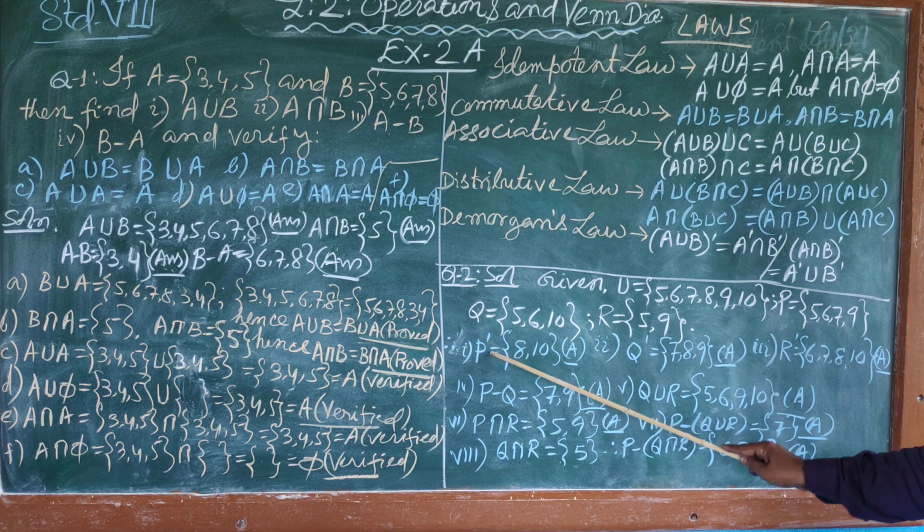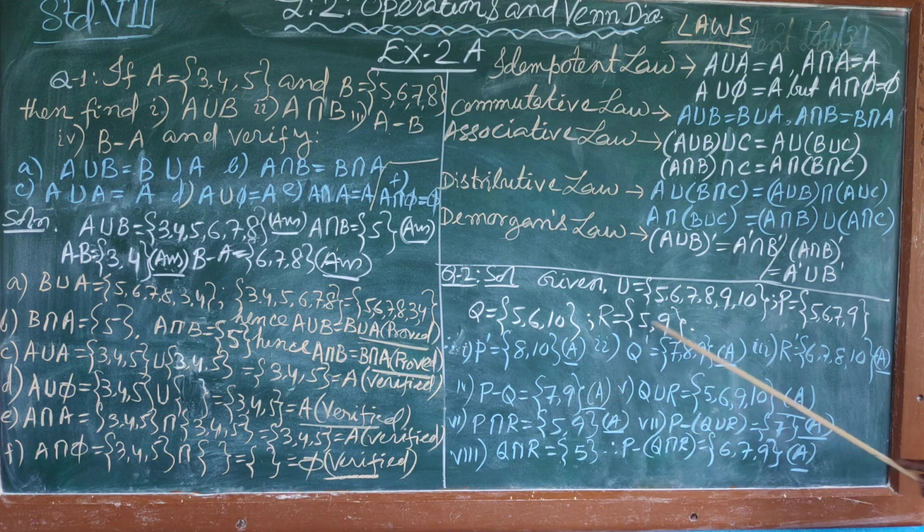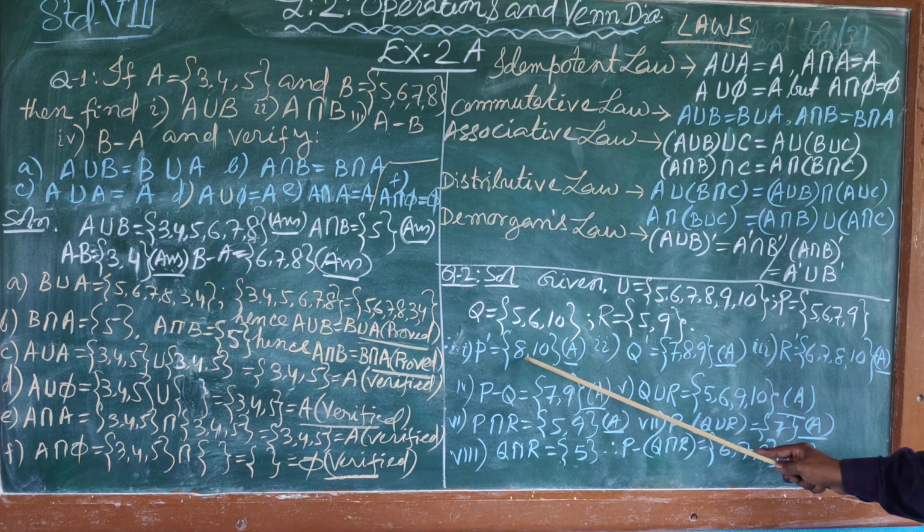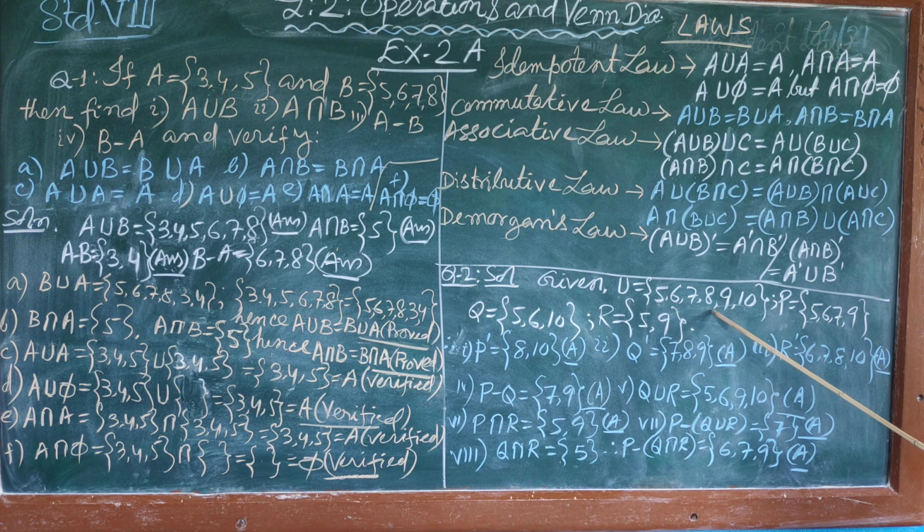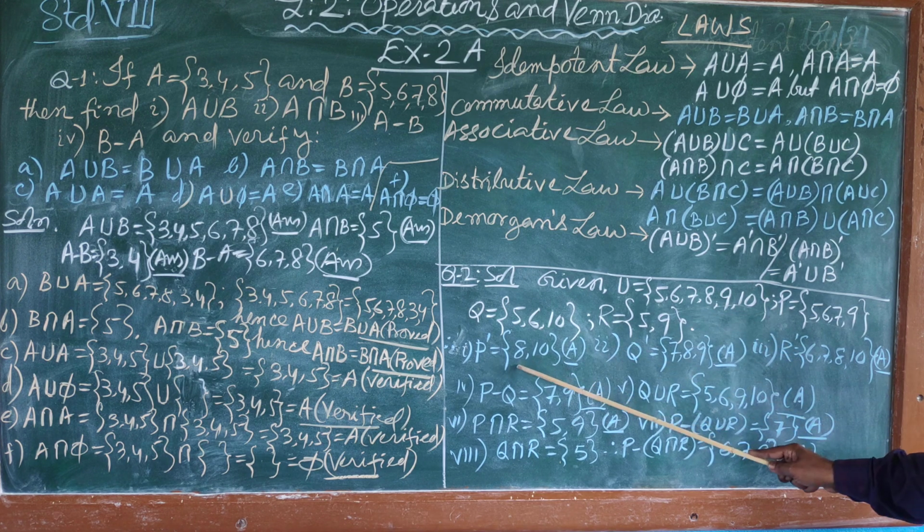Now, what will P complement be? P complement will be the elements of the universal set, the mother set, leaving out the members of the set itself. So P complement will leave out 5, 6, 7, 9, which leaves 8 and 10.